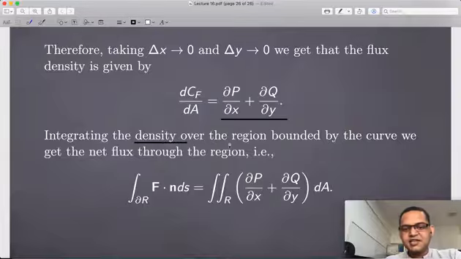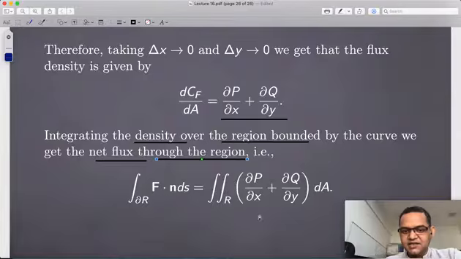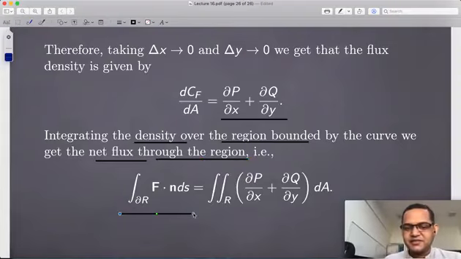If you integrate this density over the region bounded by the curve, then you get the net flux, the net flow through the region, which is precisely this. This is the net flux, and it equals the line integral of the normal component of the vector field along the boundary. So this is the second form, or the divergence form, of Green's theorem.